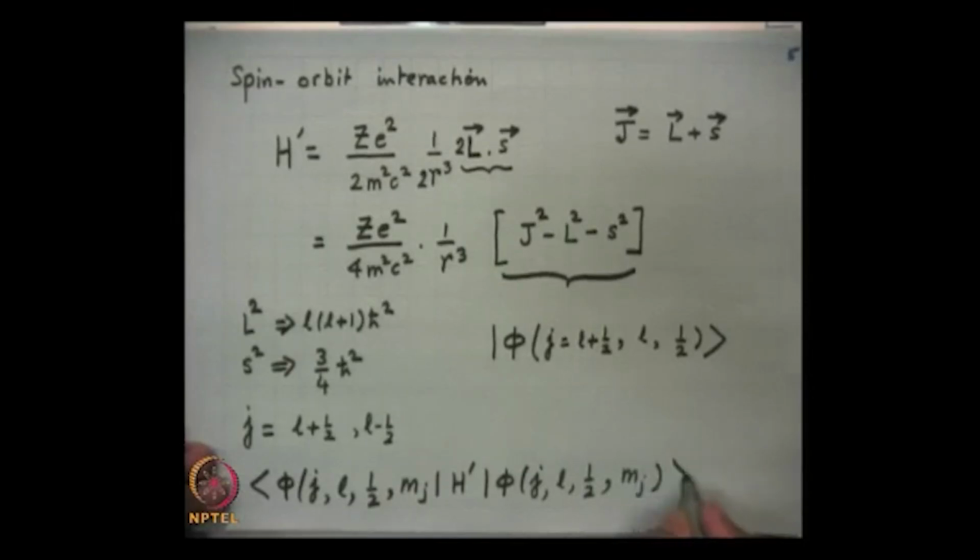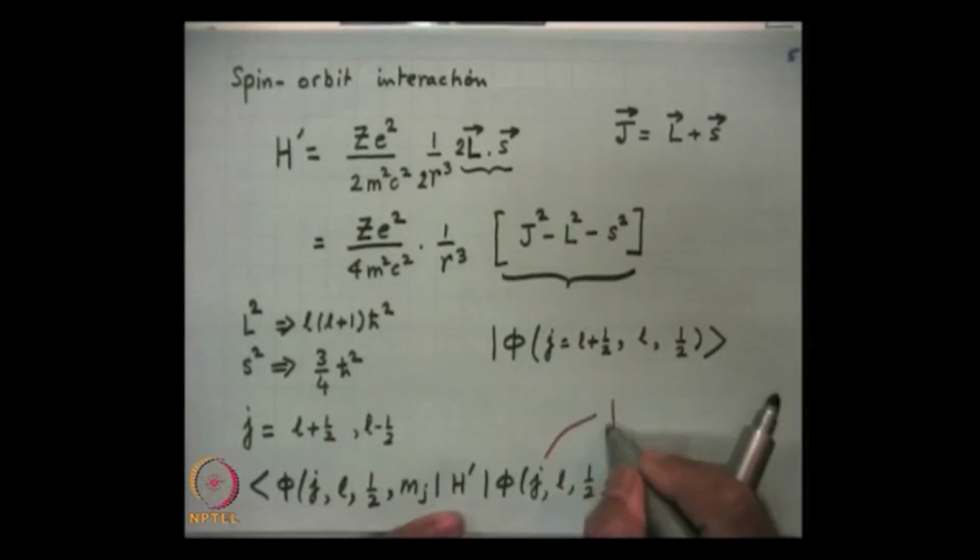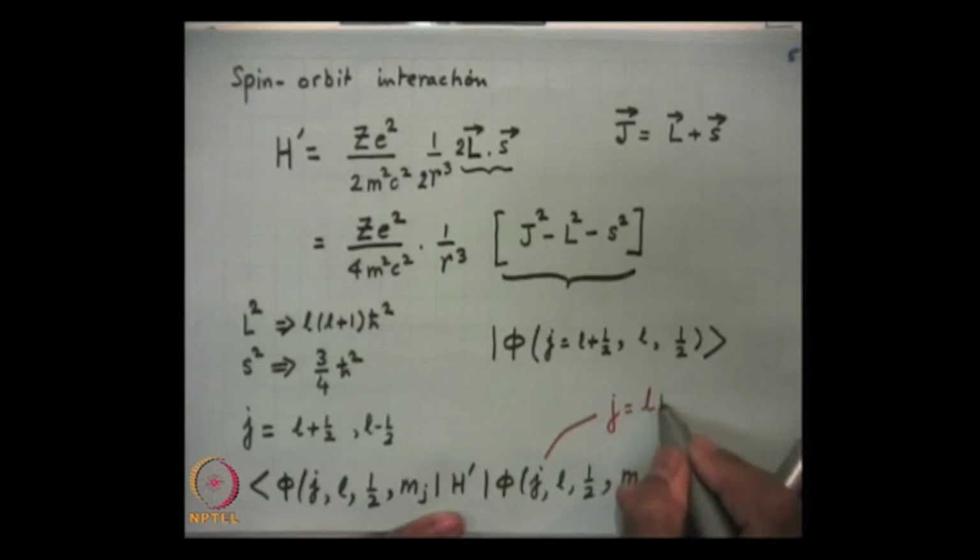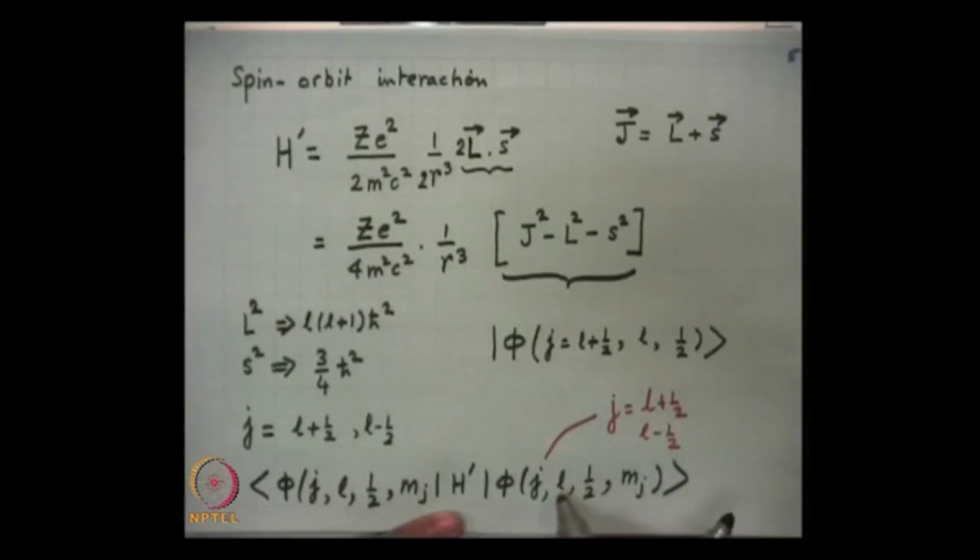Now, you must understand that the values of j for a given L will be either L plus half or L minus half only for L equal to 1, 2, 3. For L equal to 0, it will be just half.